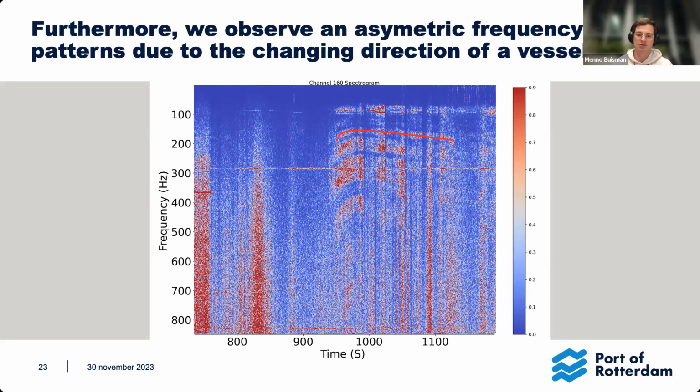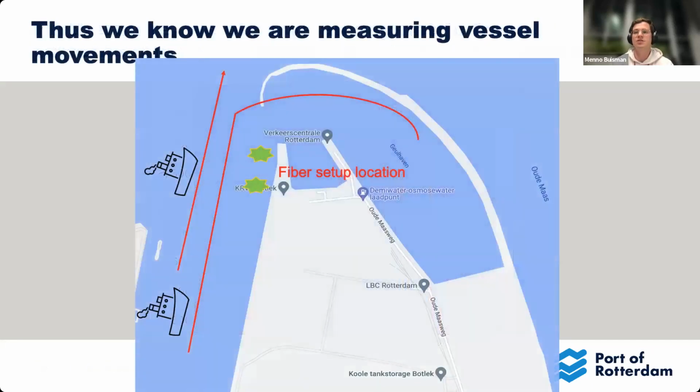And this asymmetrical pattern was related to the course of the vessel. One vessel passed us straight by, that was the first one with the nice hyperbola I showed, whereas the second one turned and started to dock in the Gulhaven, which is behind our setup.